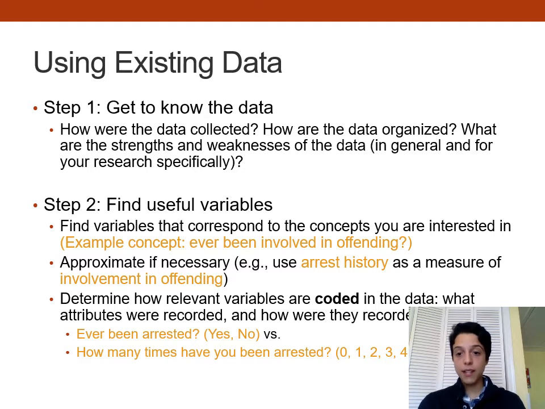So once you have identified variables that are of interest to you, then you want to think about how the variables are coded. And so variable coding just refers to how different attributes are recorded in the data. And oftentimes when you're downloading a data set, it just looks like a big spreadsheet full of numbers where different responses to different variables or different attributes of different variables are assigned numbers.